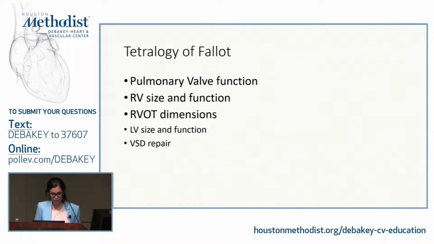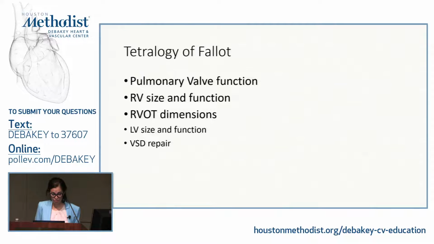So when we evaluate these patients with imaging, we need to pay close attention to the pulmonary valve function. Pulmonary valve regurgitation is by far the most frequent long-term complication of tetralogy of Fallot, and some patients can have stenosis too.